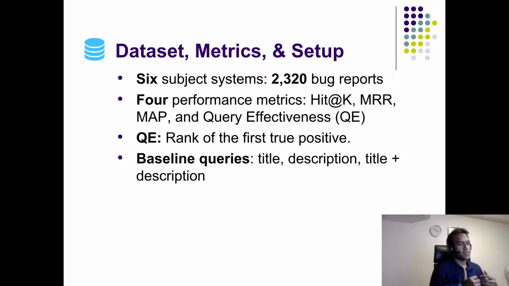When I say baseline queries, that basically means the pre-processed version of the bug report. Now in the bug report, you have title as well as description. So baseline queries basically refer to the pre-processed version of that title and the description from the bug report.